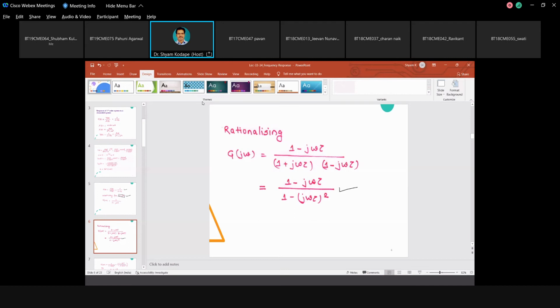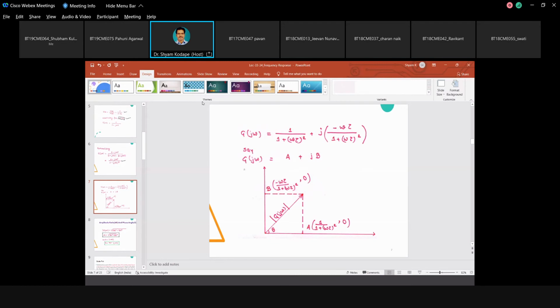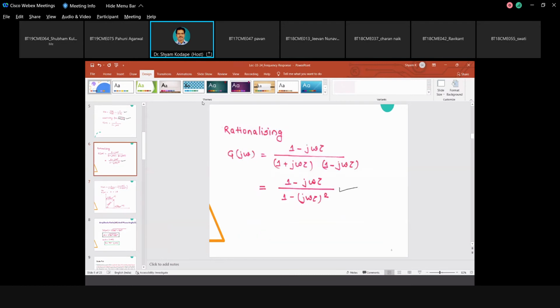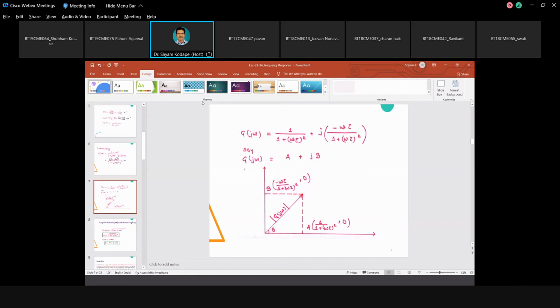This is the rationalizing way. So 1 upon 1 plus omega tau square is the real part, plus j times minus omega tau upon 1 plus omega tau square, which is the imaginary part.